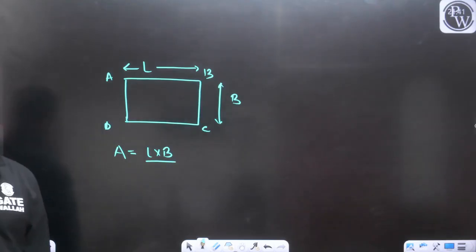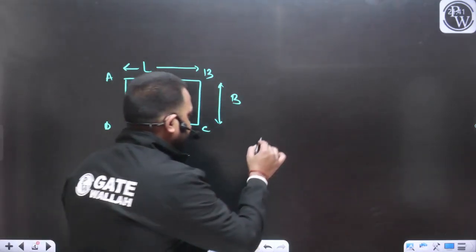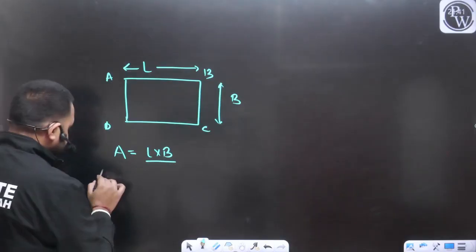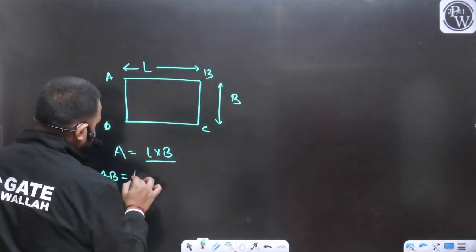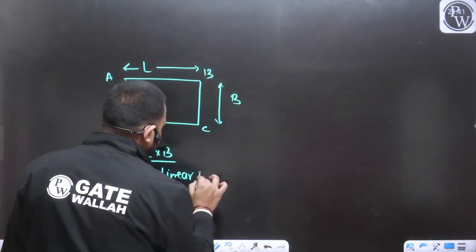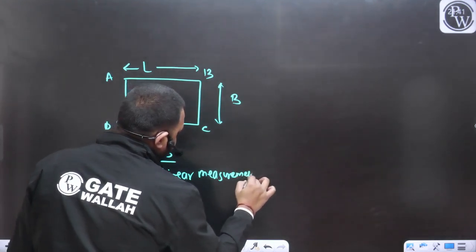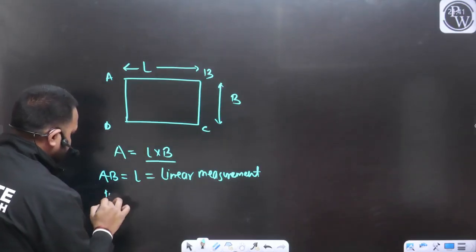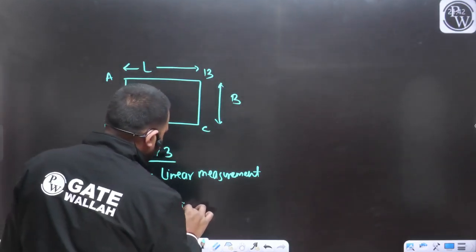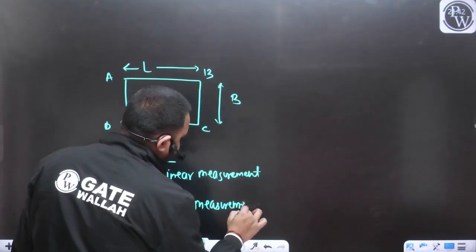Here we should have the basic understanding. Can I say AB, or L, is nothing but a linear measurement? Similarly, if I talk about BC, or B, it is also a linear measurement.